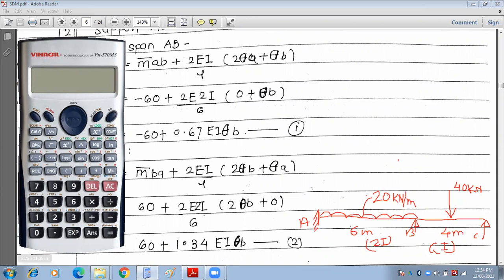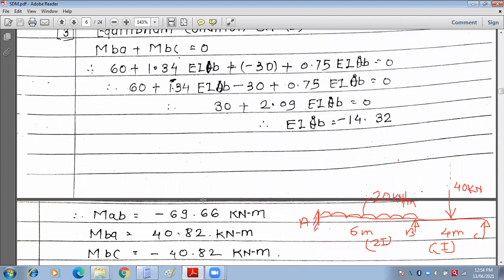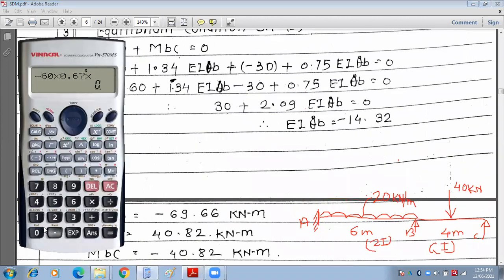Minus 60 into 0.67 into 14.32. Here this term must be plus.